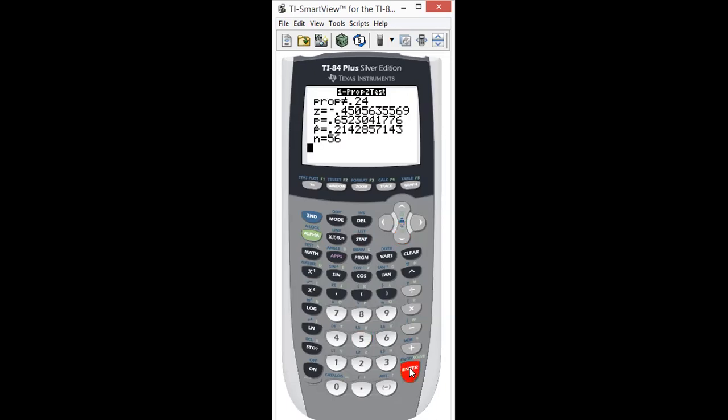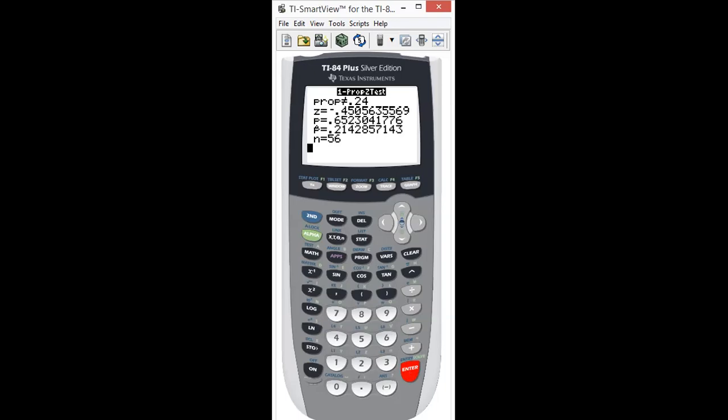Calculate it. All right, let me stop sharing that after I write my p-value down. 0.65. Okay, so stop share.